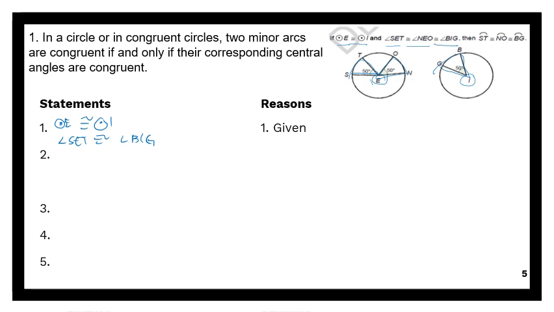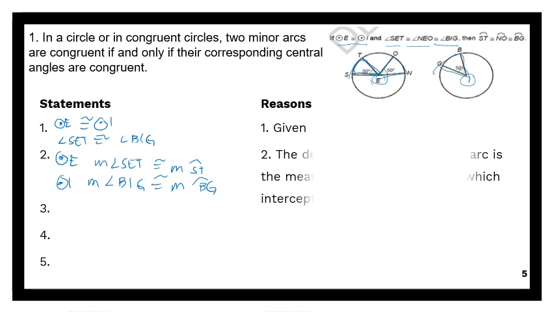Number 2, statement: in circle E, the measure of angle TES is equal to the measure of arc ST, because it intercepts arc TES or arc ST. Then, in circle I, the measure of angle BIG is also equal to the measure of arc BG.